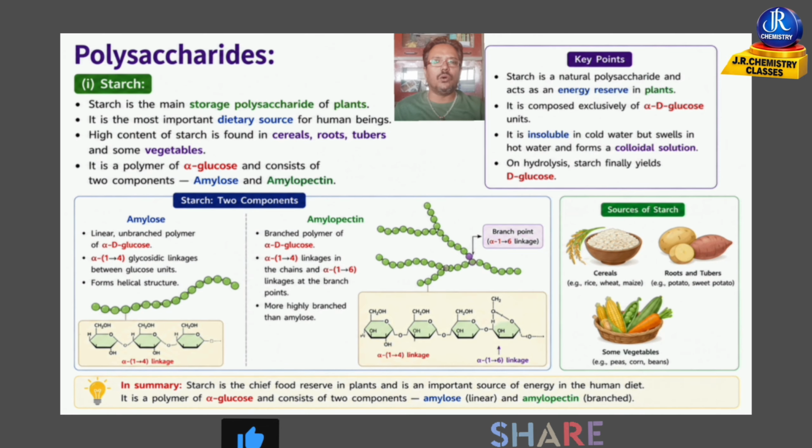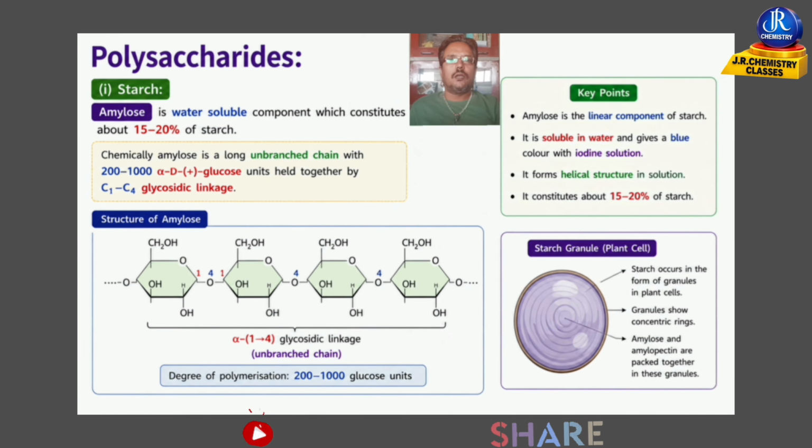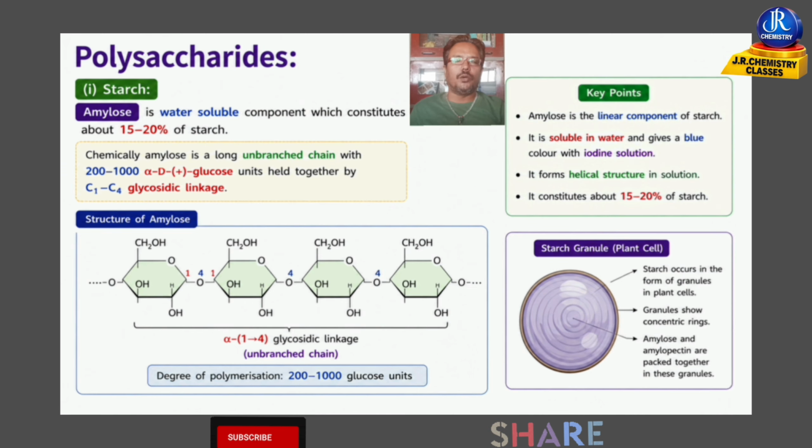amylose and amylopectin. Amylose is a water soluble component which constitutes about 15 to 20% of starch.